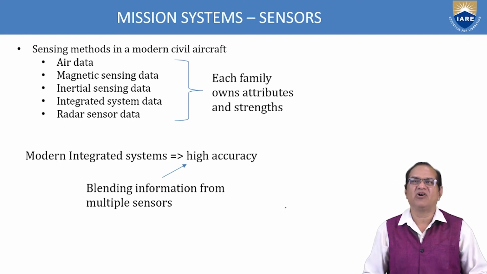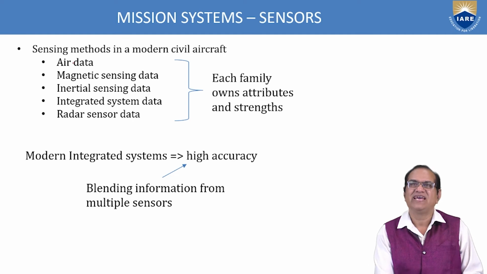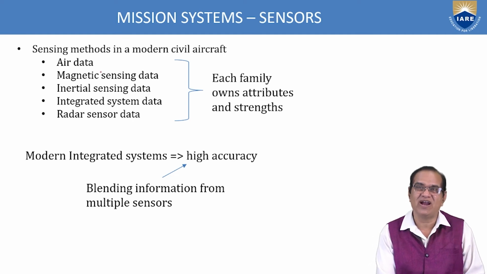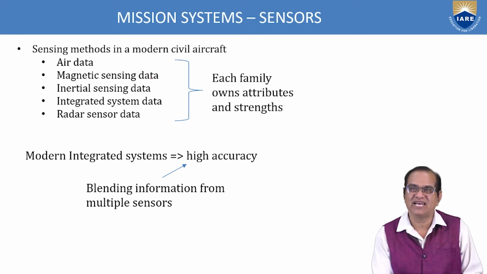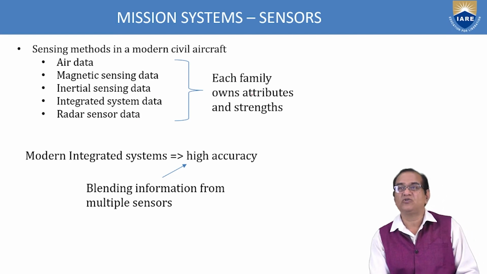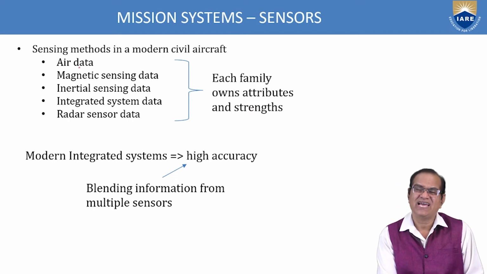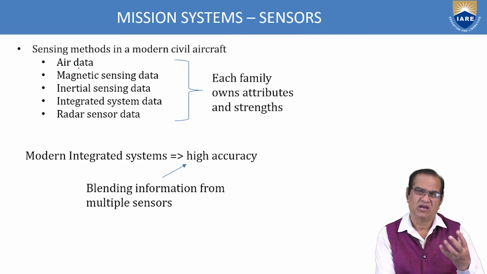For sensing in modern civil aircraft, I am talking about only civil aircraft, air data sensors are required, magnetic sensing data are required, inertial sensing data are required, integrated system data are required, radar sensors are also required. Each family owns its attributes and strengths. So this type of data has its own pros and cons.